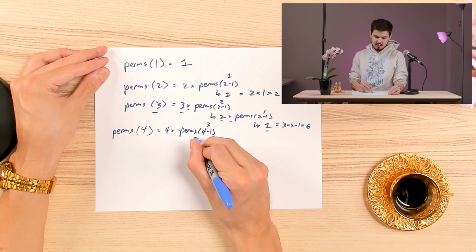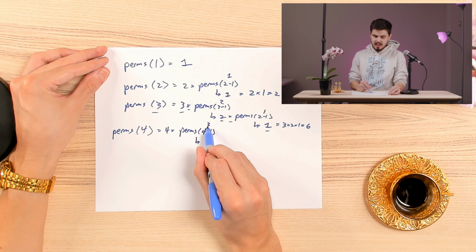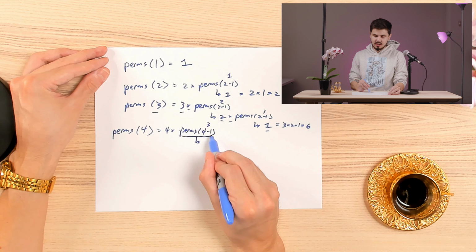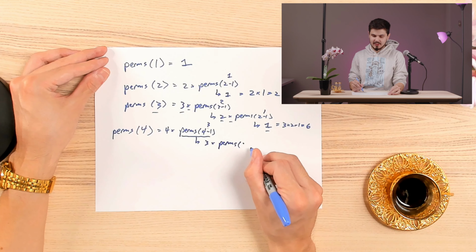Perms of 3 is equal to n. N is now 3 because we're inside of another little machine, perms of 3. 3 times perms of n minus 1. And remember, we're inside of another little machine here.